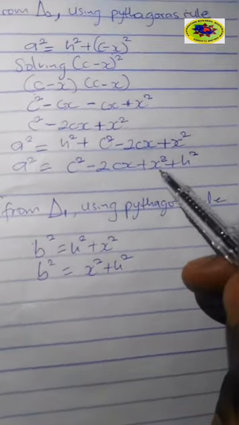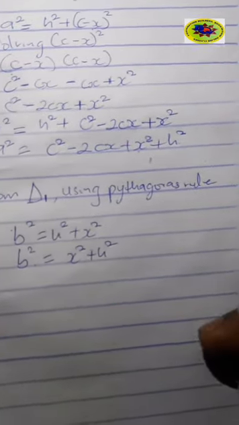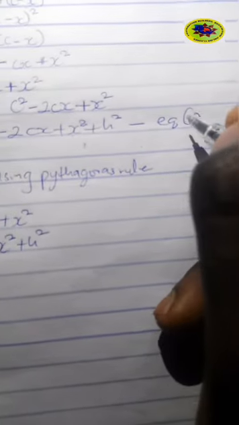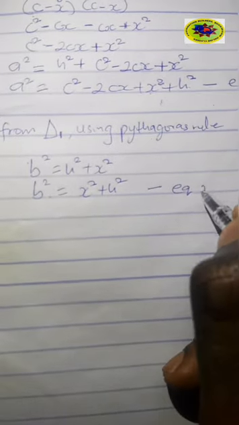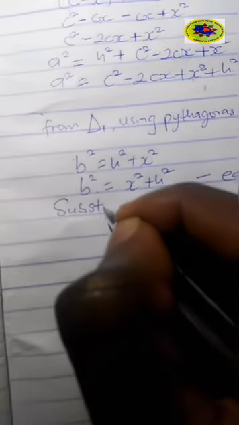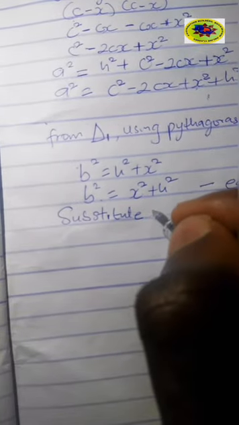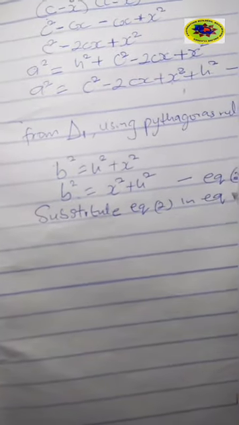Now look at this. You have to substitute this b into this equation. Let's label the earlier one equation 1, and this one equation 2. Now substitute equation 2 in equation 1.